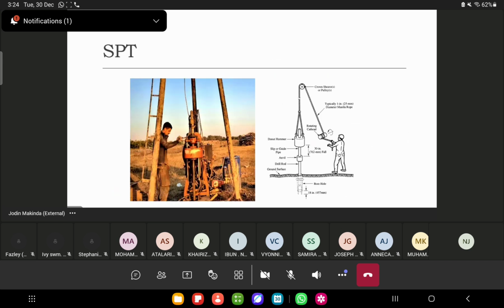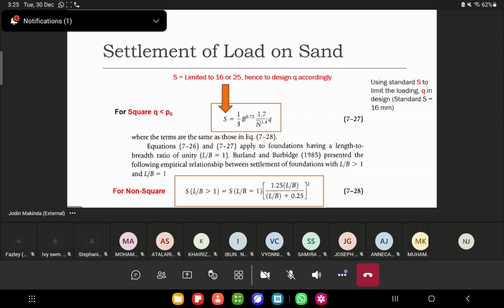We hammer the weight into the ground. We count how many times you hammer the weight into the ground for it to pass the layer of the soil. We call it the N value. You count how many blows for every meter of the soil layer. That is what we call the N value.